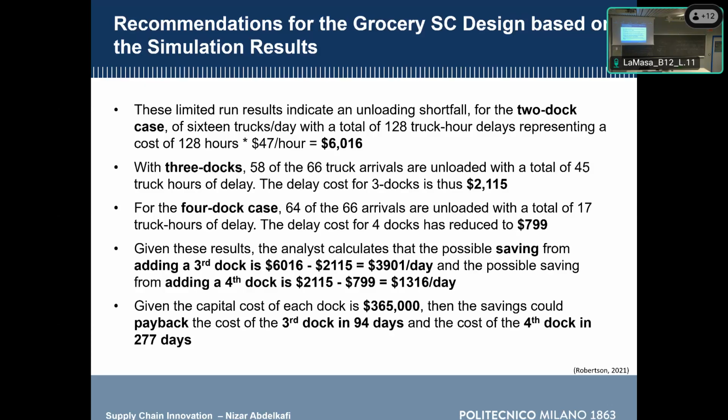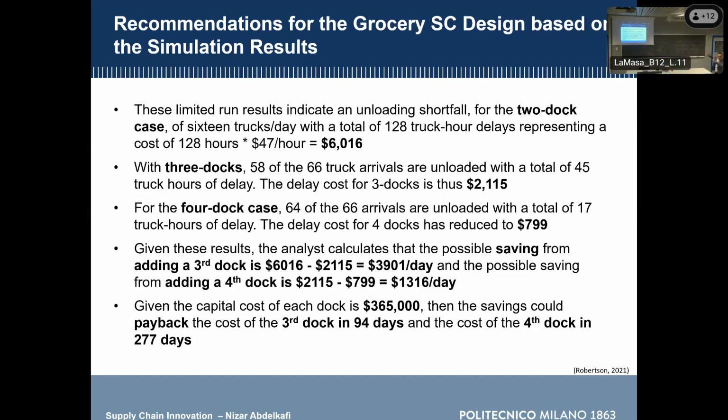And then I find that I can actually pay back my additional dock in just 94 days, and the cost of the 4th dock in 277 days. How do I calculate 277? It is 365,000 divided by 1,316. You can do the calculation, and you can find the number of days after which you are paying back the additional dock.